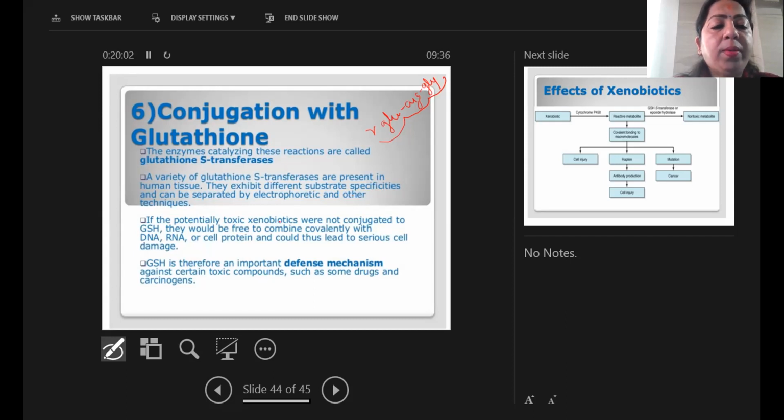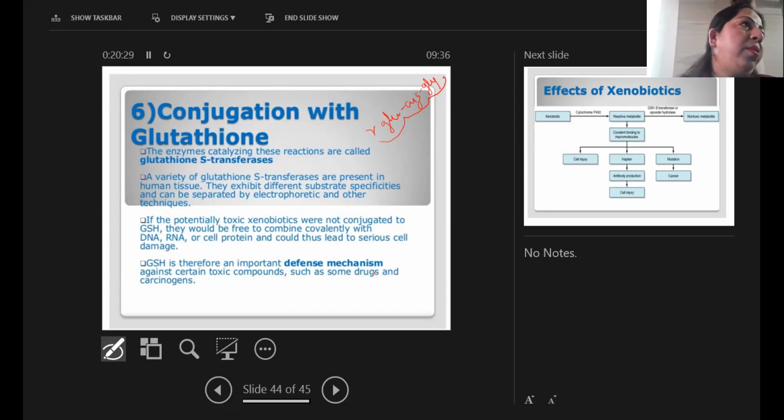If potentially toxic xenobiotics were not conjugated to glutathione, they would be free to combine covalently with DNA, RNA, or cell proteins and could have a disastrous impact on the cell, and they would finally destroy the cell. GSH is therefore an important defense mechanism against certain toxic compounds such as drugs and certain carcinogens.